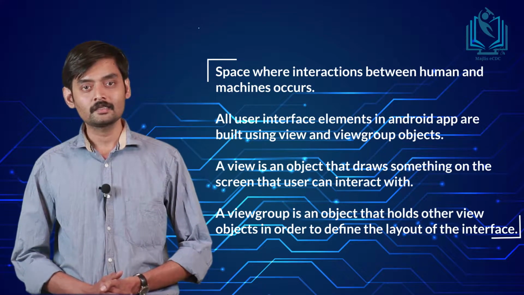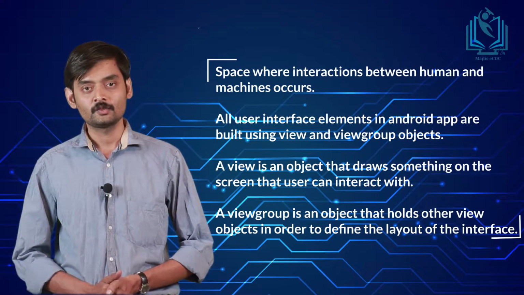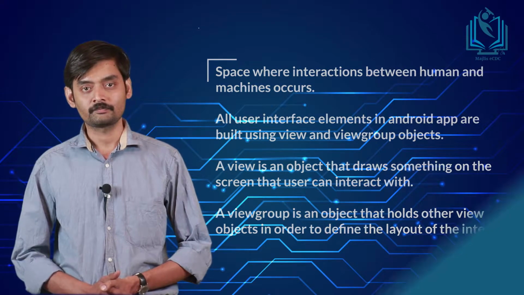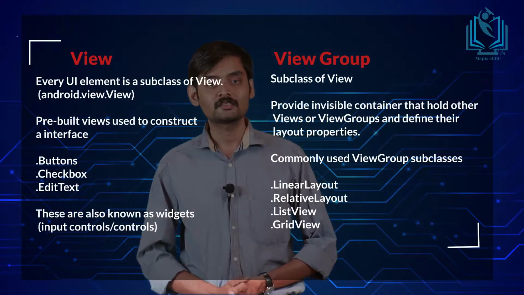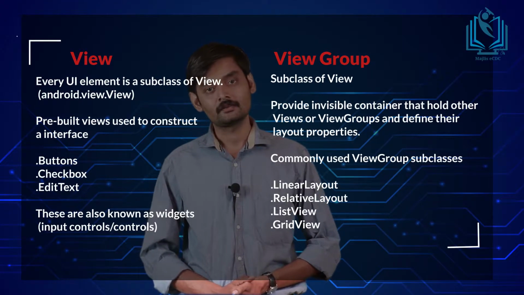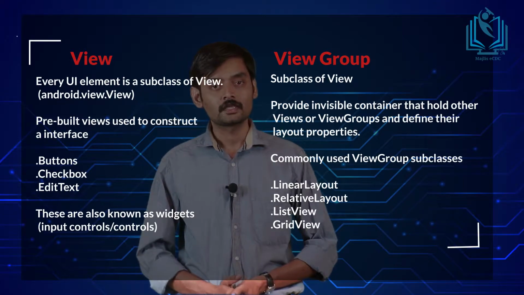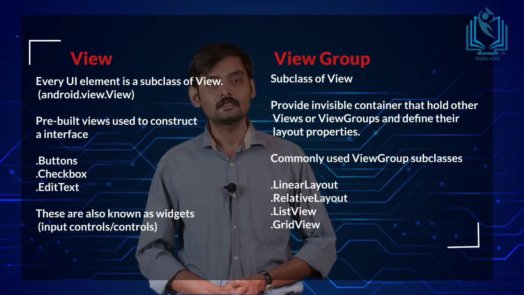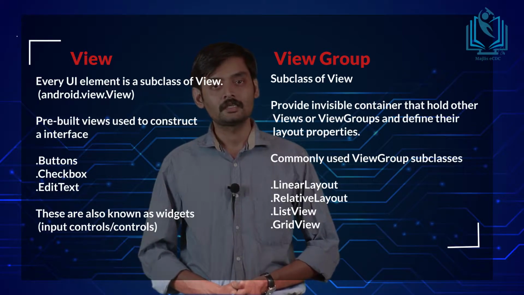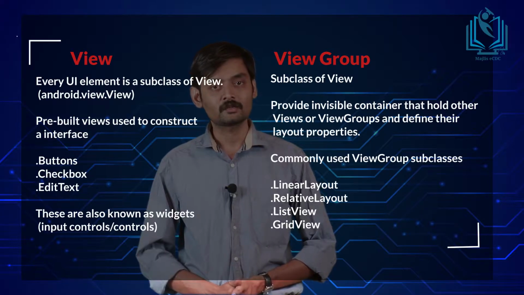So we will start with the designing purpose. We use XML code. View is a user interface element in Android, and view group is a collection of layouts in Android. So these come under the Java and XML code varieties.